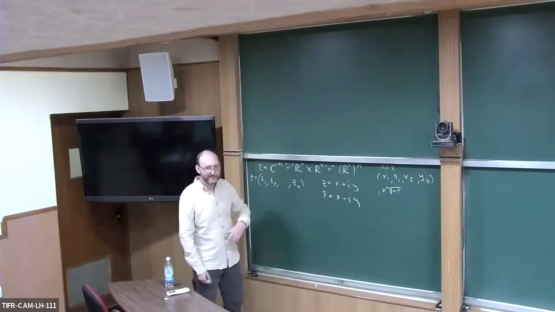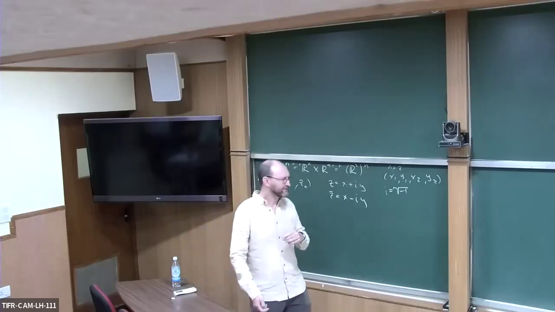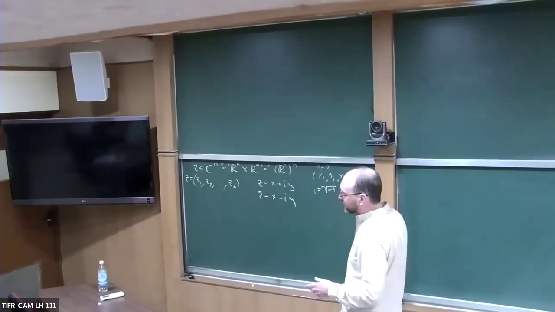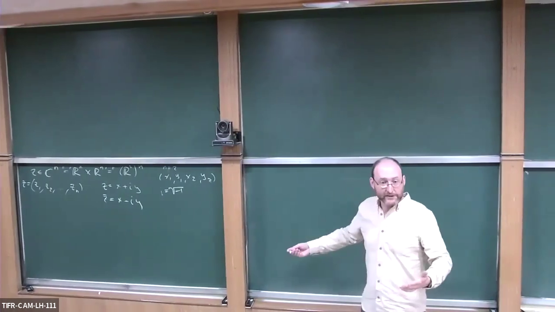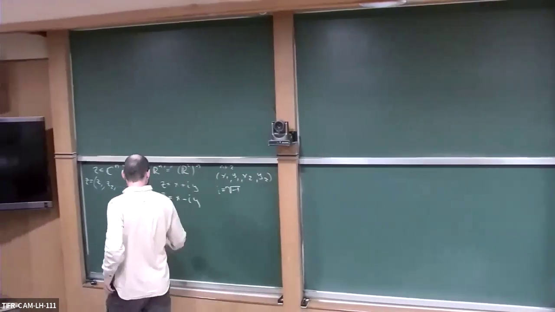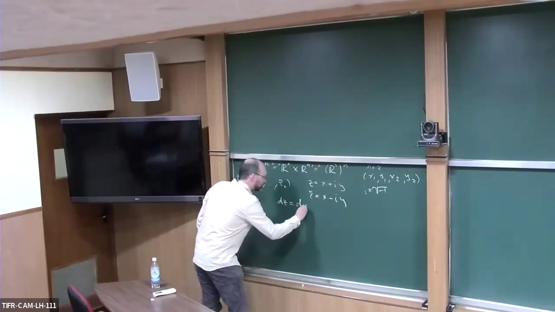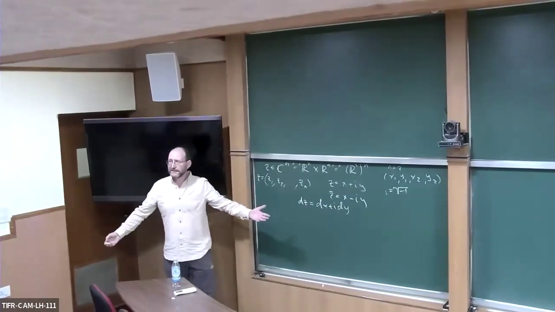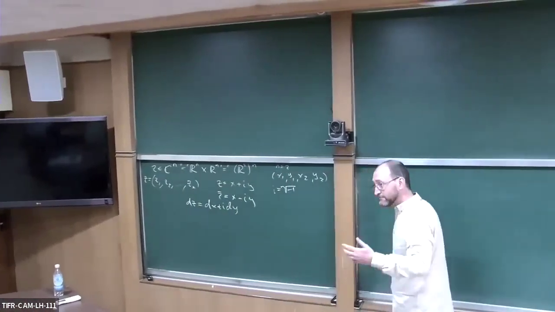Now, we also want to differentiate. If I take the exterior derivative of z and z bar, if I think of them as functions, I get that dz is dx plus i dy, because I want to think of the exterior derivative as linear, right?